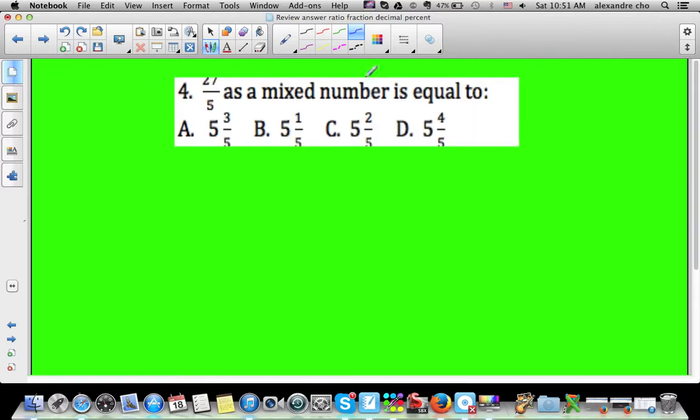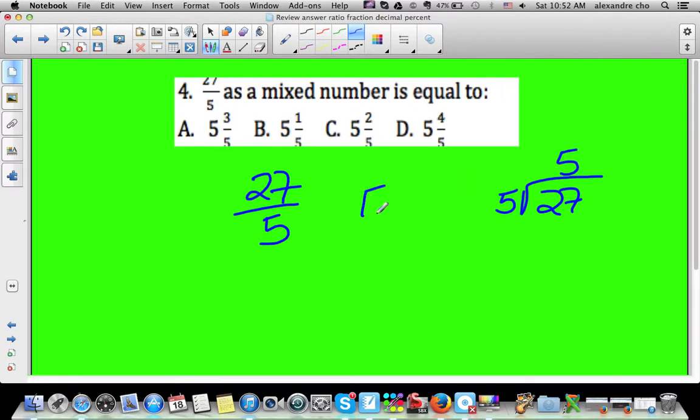Four. The number there is 27 over 5, and we want to change that to a mixed number. We divide and see how many times 5 goes into 27. 5 goes into 27 5 times, so that becomes our whole number. 5 times 5 is 25.